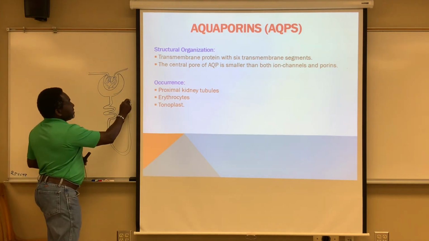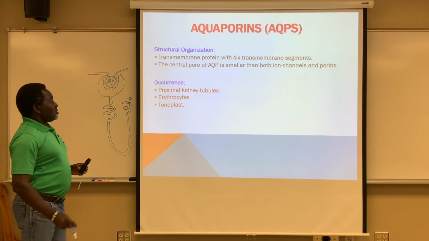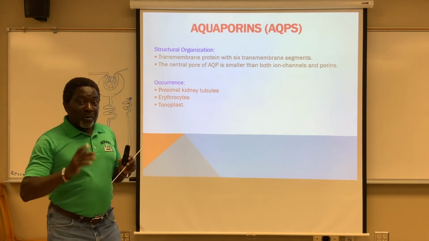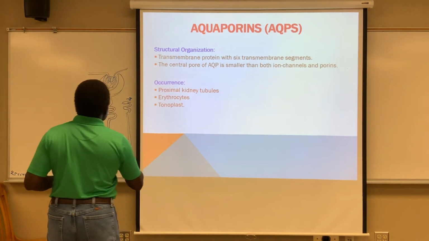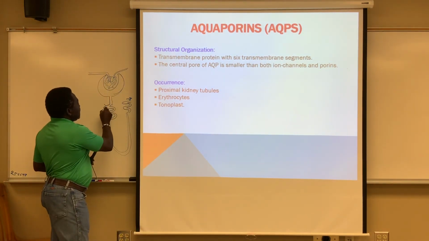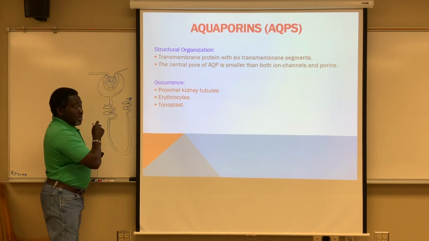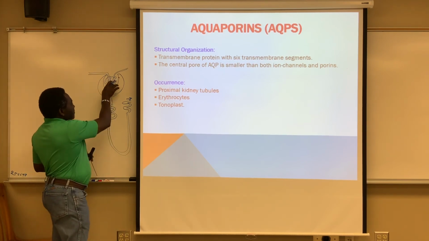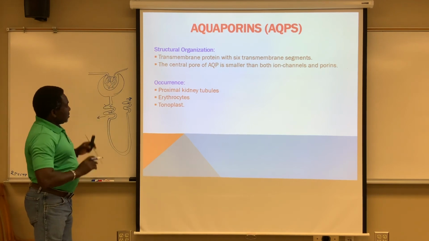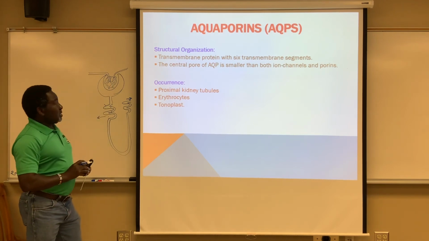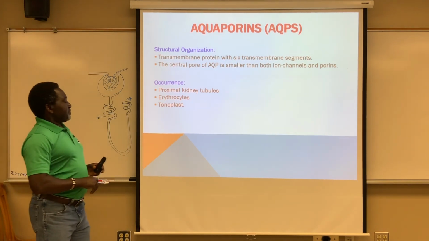This then leads the urine to the urinary bladder. So where do we have the aquaporins and why are they important? The aquaporins are located in these areas here. They are very important because they allow any water that is filtered through to be taken quickly back out into the blood so it's not lost with the urine, which would cause severe dehydration.